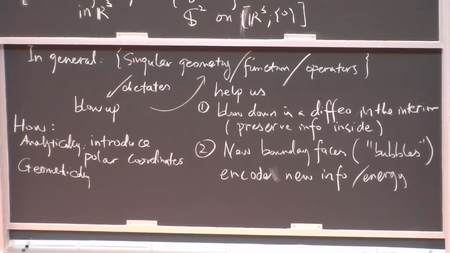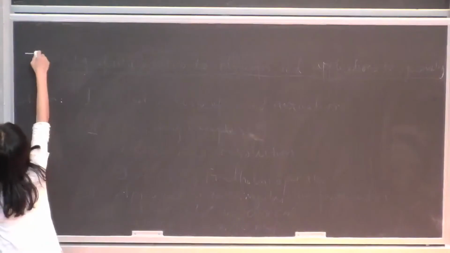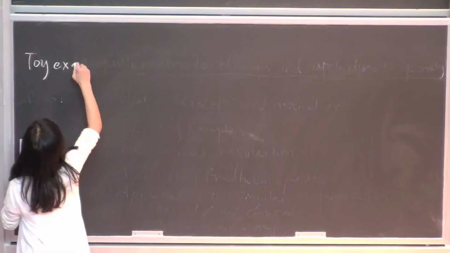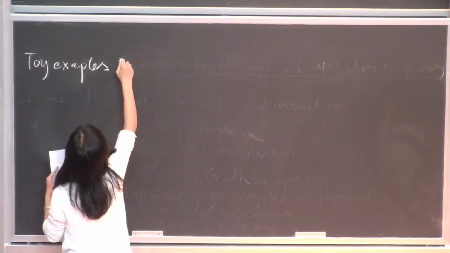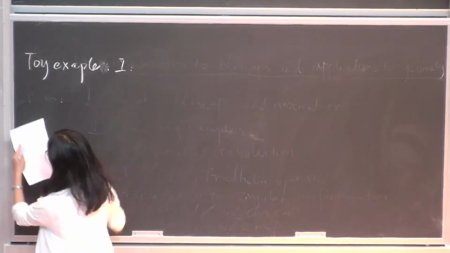So the two toy examples I chose today, one is more geometric and one is more analytic. And hopefully this will give you some idea why they're useful. So the first example. Example 1.